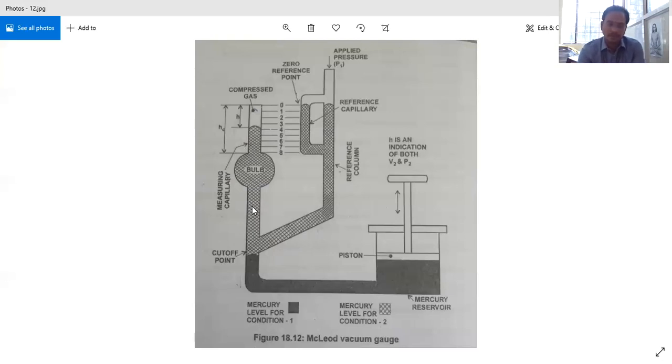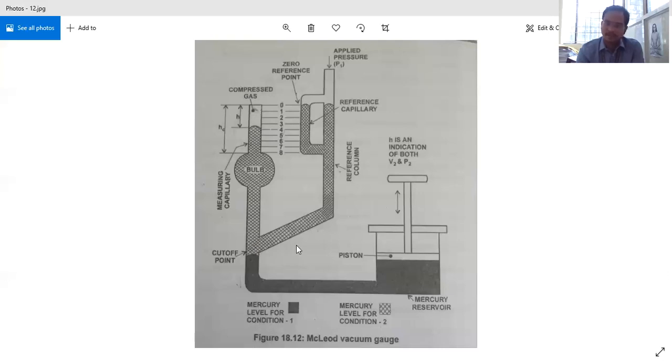At that time the applied pressure will be P1 and this volume is known. Our intention is to trap the gas in this limb.